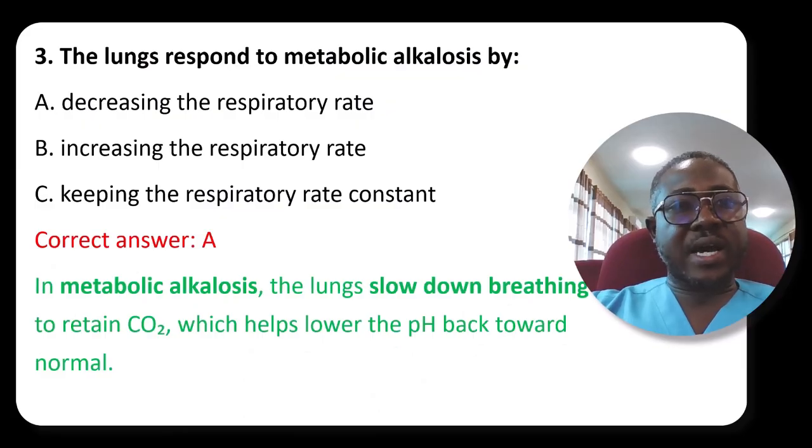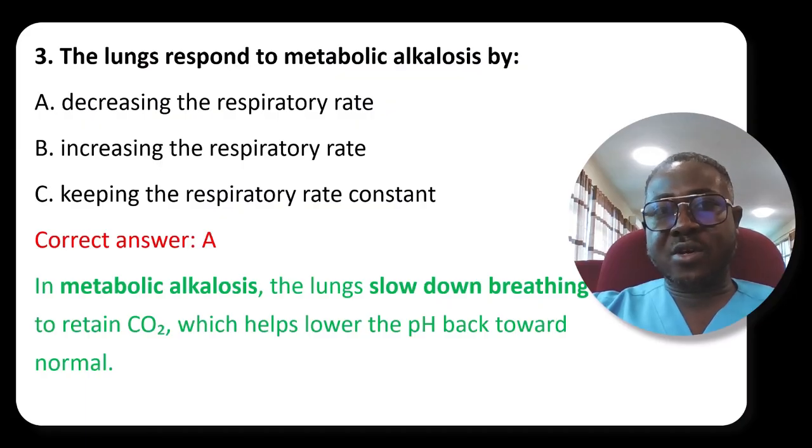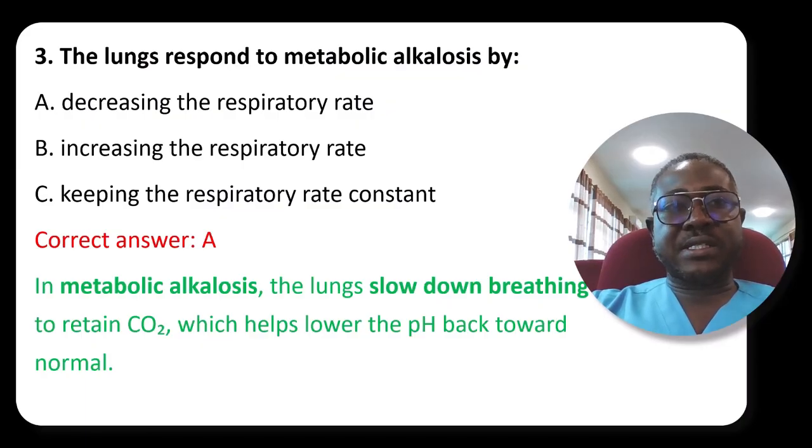Now, let's look at the stem of the question again. The lungs' response to metabolic alkalosis. So here, someone is having metabolic alkalosis, how will the body compensate? Remember the regulatory mechanisms we talked about in our previous video, how the body regulates acid-base imbalance: the buffer system, the respiratory system or the lungs, and the renal system.